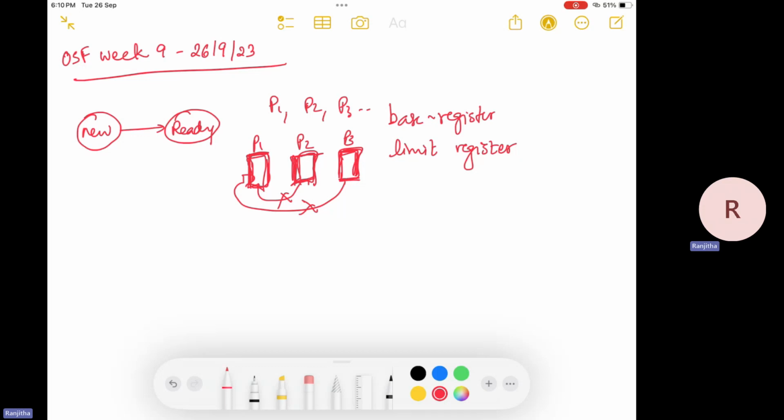So the base register tells the starting of the memory for P1, and the limit tells where the memory ends. If P1 tries to access anything like limit + 1, anything beyond its range, then a trap or an error is generated. So protection is ensured using base and limit registers.